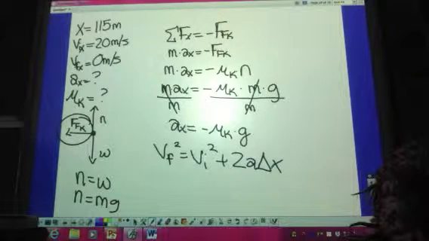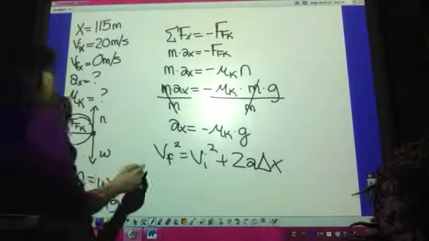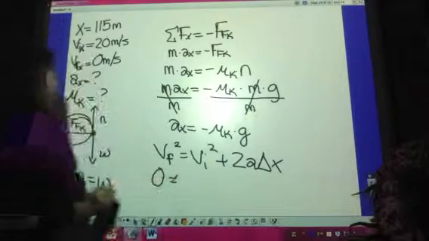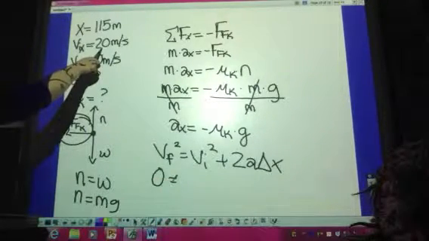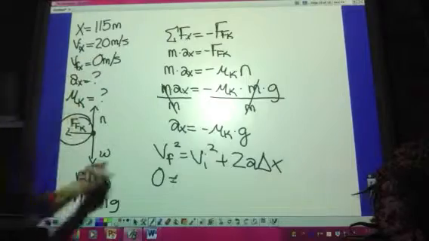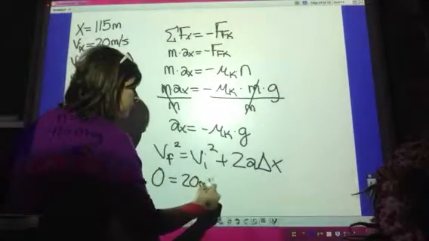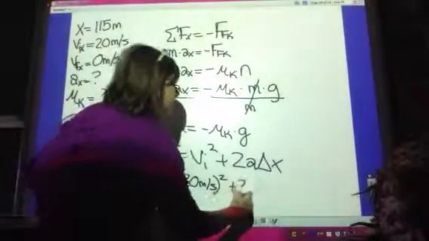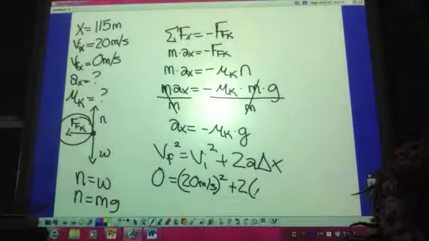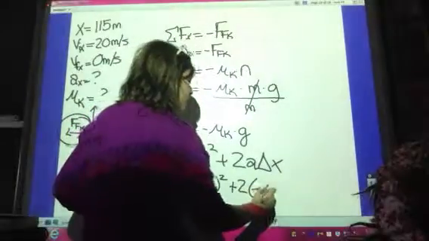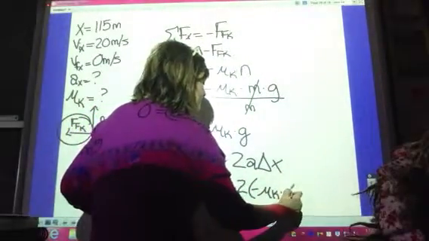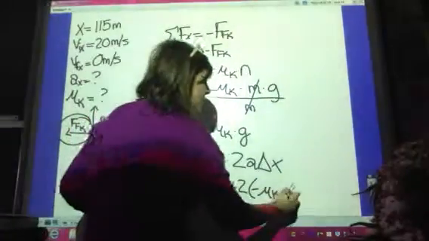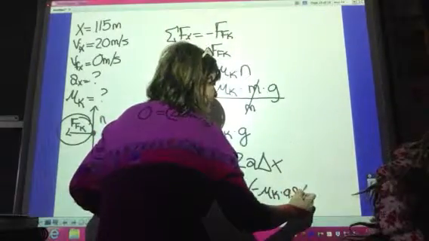So I know my final was 0, and then that's equal to my initial, which was 20 squared, and then plus 2 times my acceleration, which is a negative mu k times g, but g we know is 9.8, so let's just go ahead and write times 9.8.